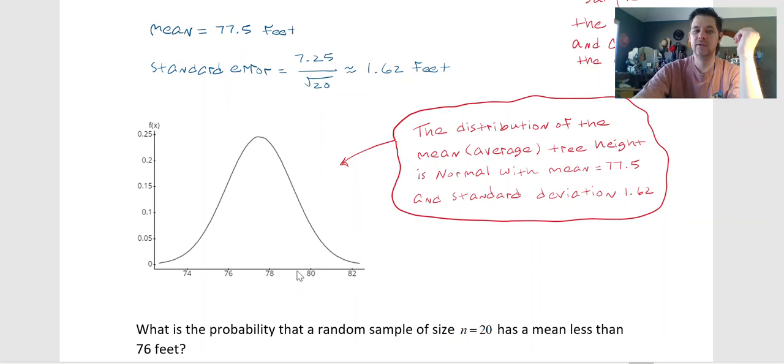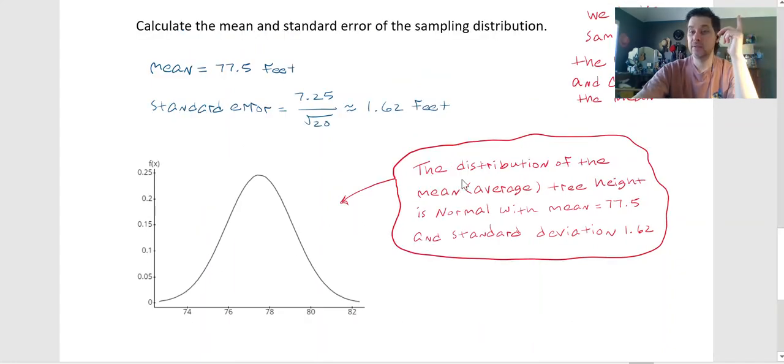That's the biggest part of the curve. The area under the curve represents the probability of those numbers on the horizontal axis, or the likelihood that a random number from that distribution is going to fall in there, between 76 and 79 or so. Most of the numbers are going to be like that. So that's what the distribution looks like, and if we need to do calculations, it will be with a normal distribution with mean 77.5, standard deviation 1.62.